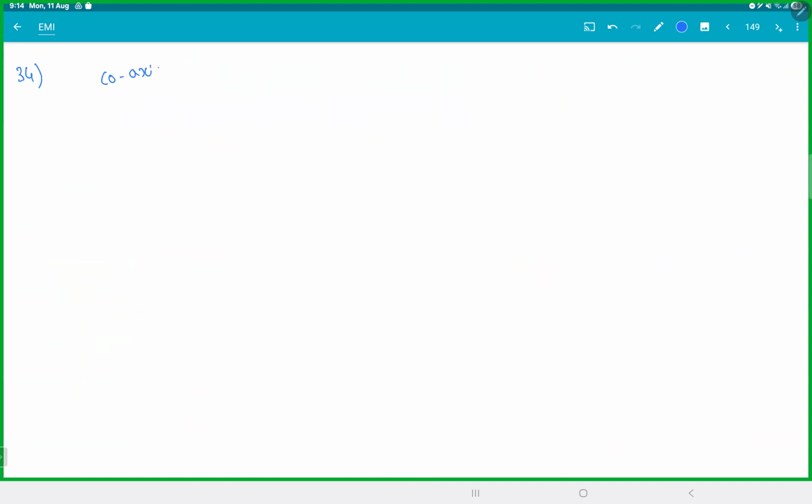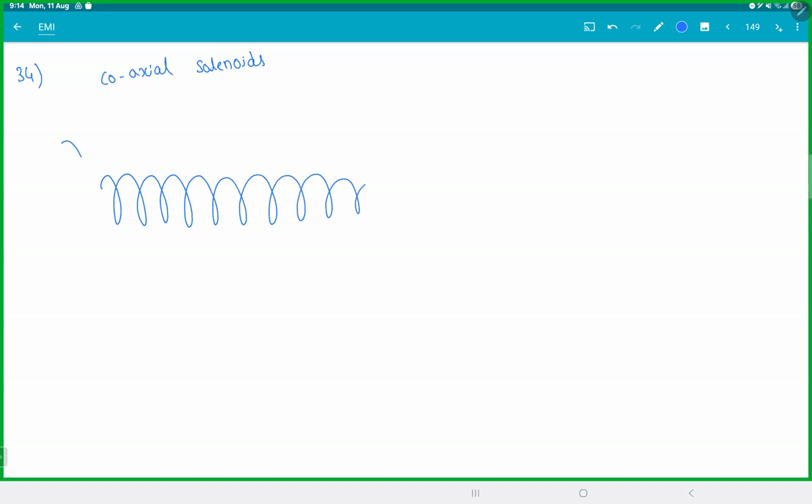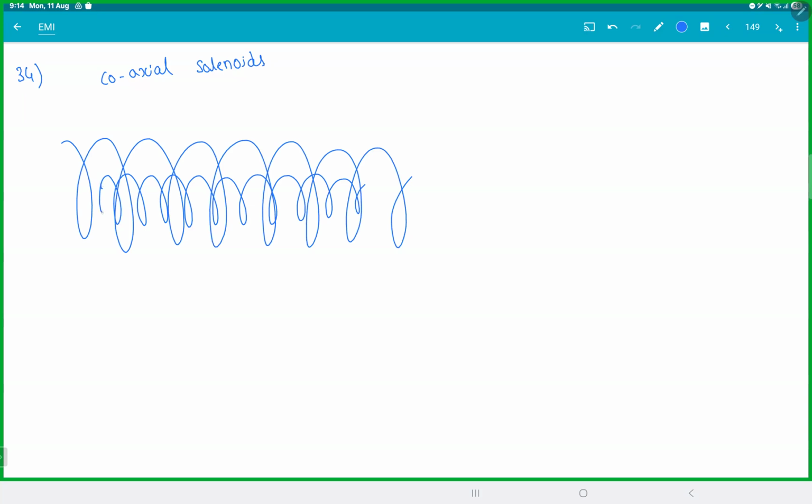Coaxial solenoids. Let's say we have a small solenoid and then enclosed by a bigger one. Infinite. Let this radius be R1, let this radius be R2, let this be N2 turns per unit length.